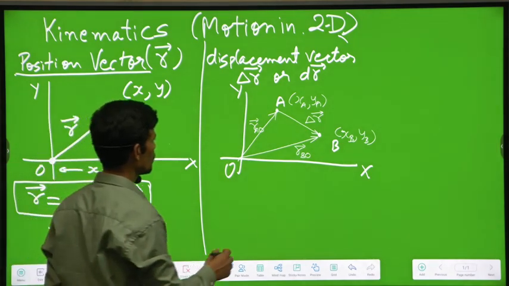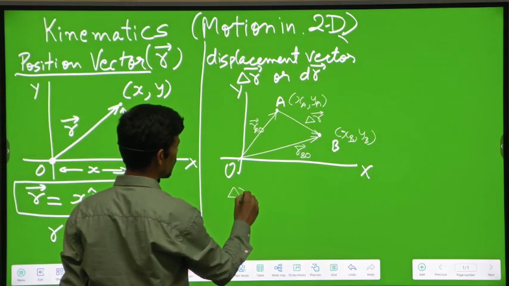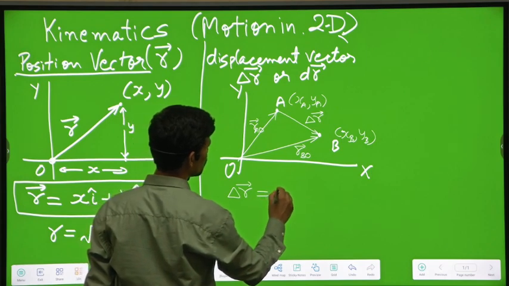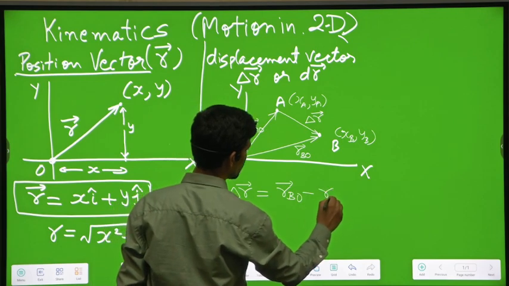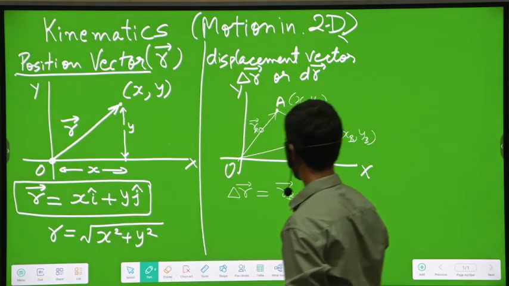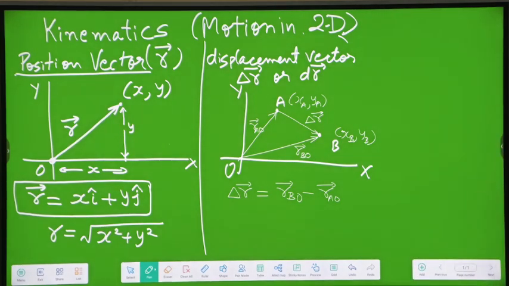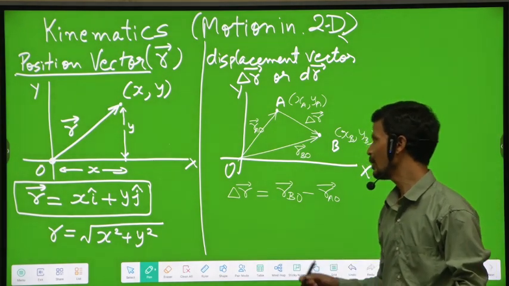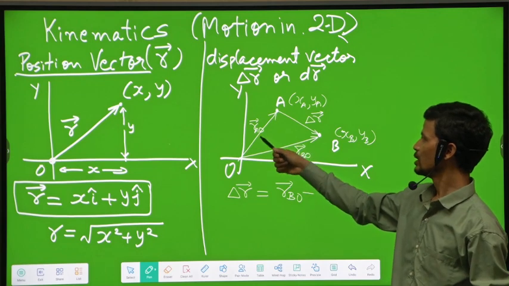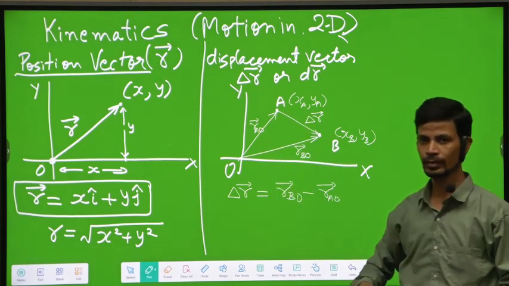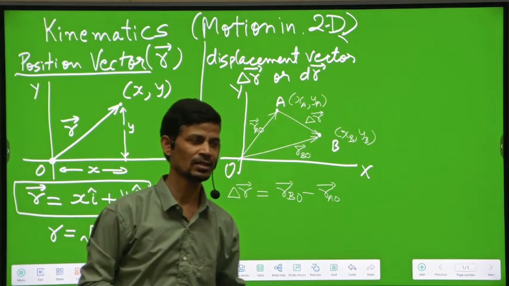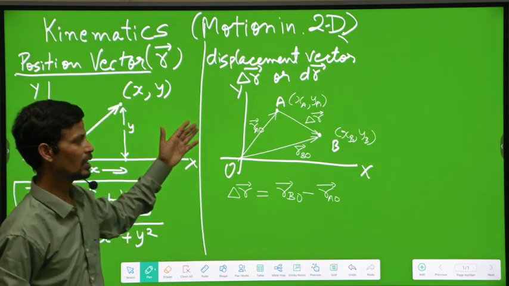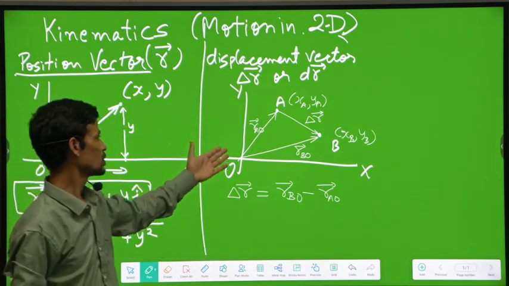So this delta r is equal to rBO minus rAO. Now who told us that delta r will be equal to rBO minus rAO, and why not rAO minus rBO? And by the way, why subscript O? Because this is the position of A with respect to O. In some books they write OA, which has a different meaning, but in most other books it looks like this.